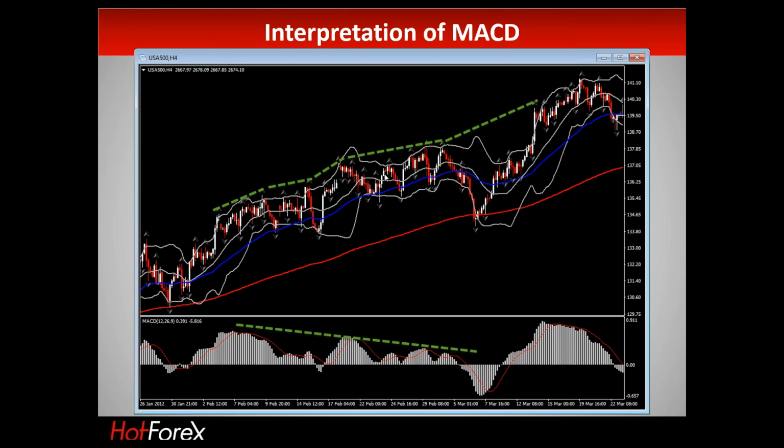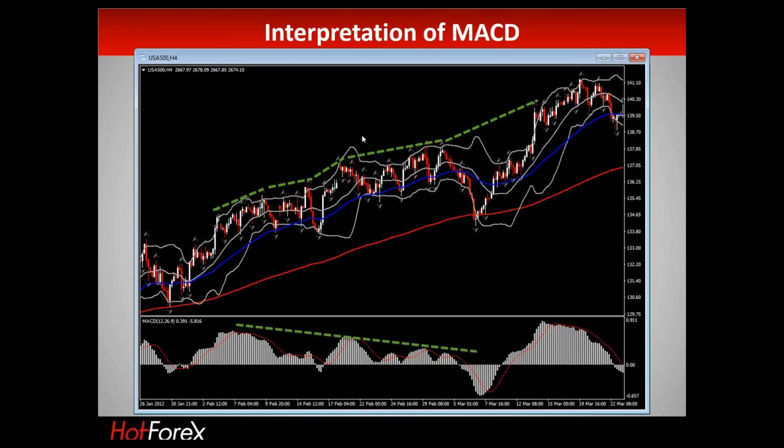Despite that you might notice this bearish divergence, you never had a confirmation of it, because the market continued rising despite these corrections. It continued making higher highs.